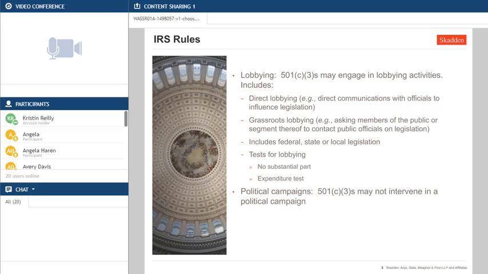If the only reason an otherwise tax-exempt organization exists, or the main thing it does, is to try to influence legislation or otherwise be what the IRS calls an action organization, it wouldn't be a 501c3.